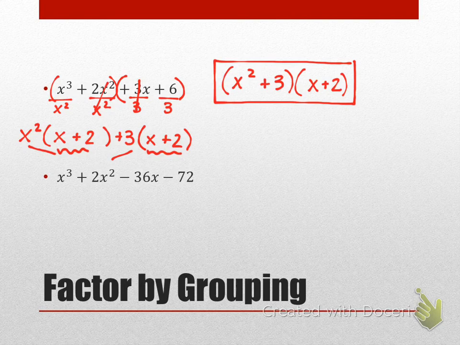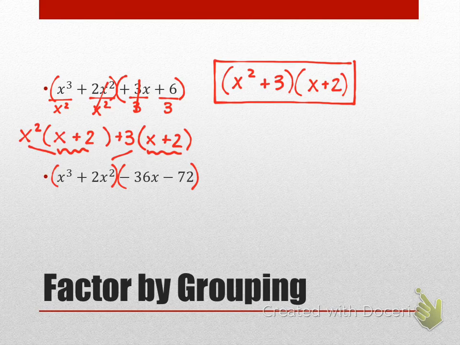What's step number 1? Group. So here's how you know your 3 steps to factor by grouping. Group, GCF, group. Okay? So we group our first 2. We group our second 2. Now, GCF.